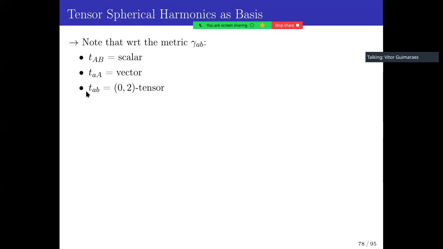So all the elements that compose this part of the T-mu tensor transform as a 0-2 tensor, because both indices here transform under rotations, since our indices are concerned with theta and phi, right?